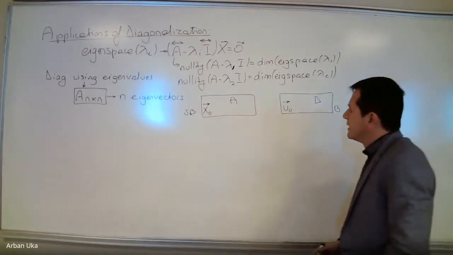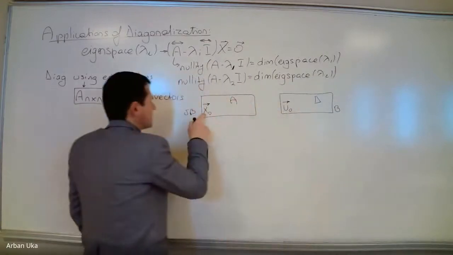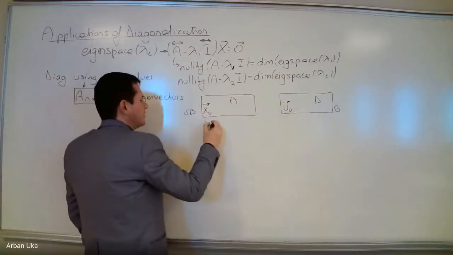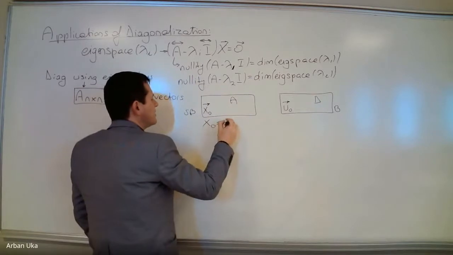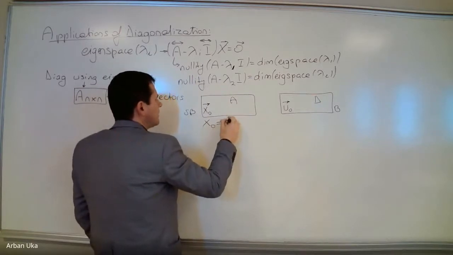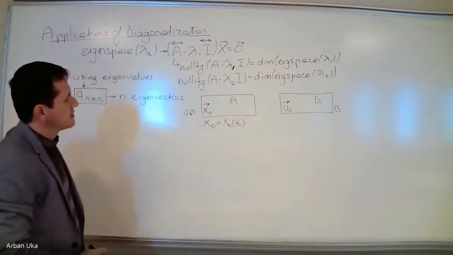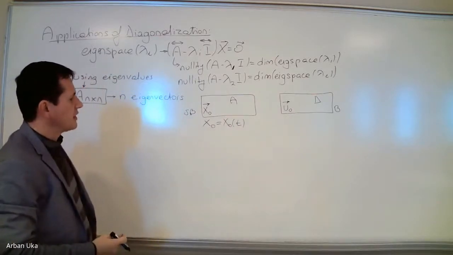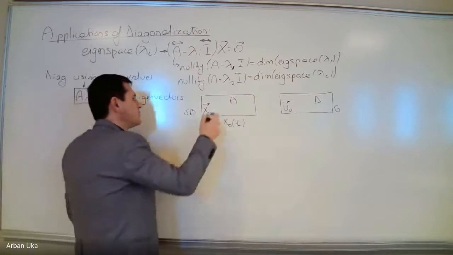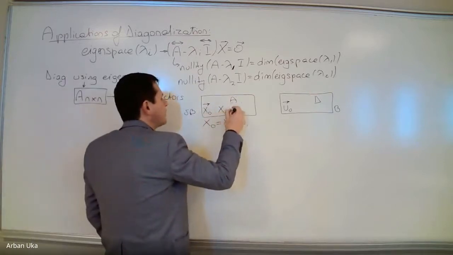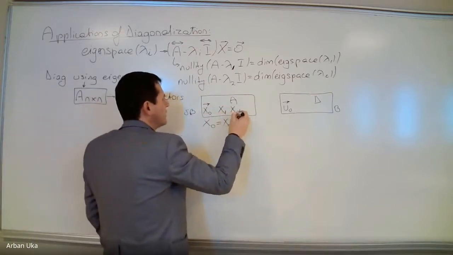But let's think for a moment, if this vector x0 is a function of time, x of t, which means that we also have x1, x2, and so on.